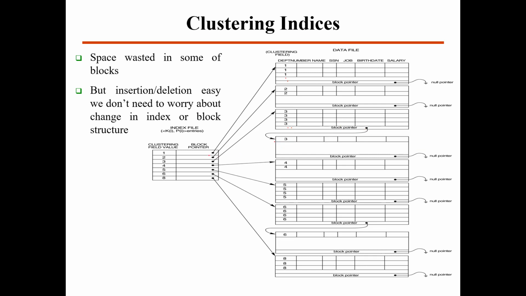This is the block pointer coming from the index entry to the blocks, and then we have one more block pointer at the end of it, so that if new records are added into the cluster, they are kept connected with the next cluster. Insertion and deletion are easy. We don't need to worry about changes in the index or in the block. So if you want to insert and delete, it is easier. We don't have to rearrange things in the index or in the blocks.